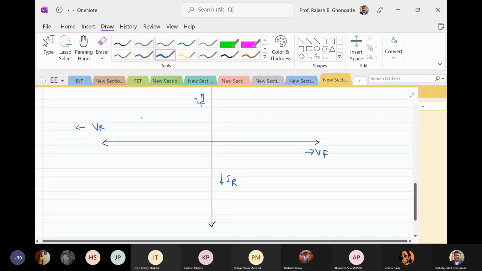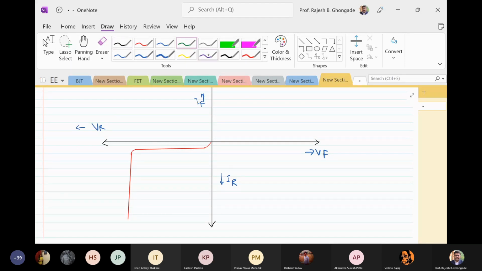So if you look at the Zener characteristics, the breakdown point, or the region where you are getting the breakdown, is this, that is BZ.